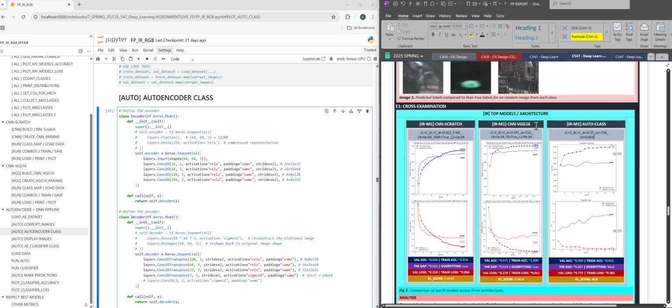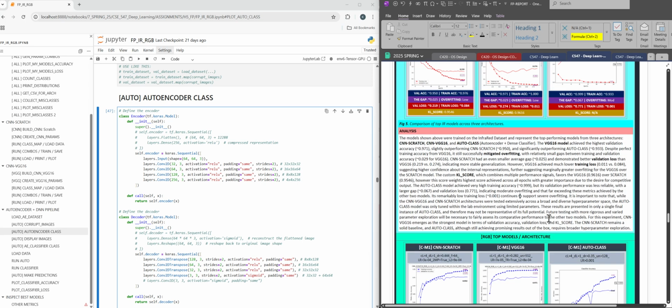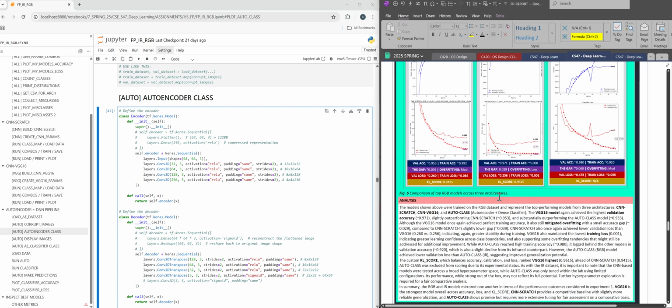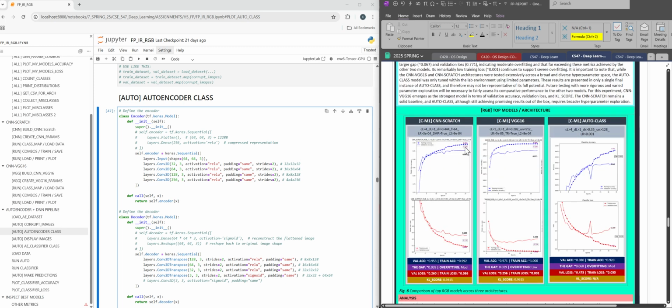But basically we've got the CNN VGG16 coming out reigning supreme. It won on pretty much every score that was measured, except for the gap.